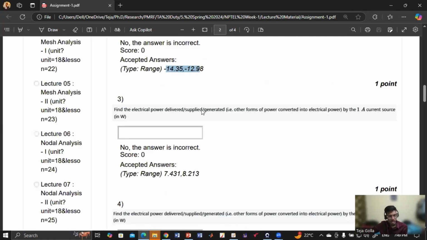Find the electric power delivered by the 1 ampere current source in terms of watt.